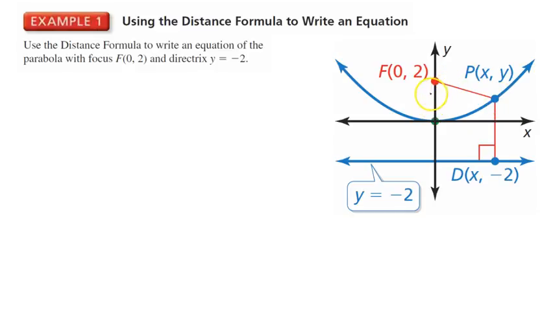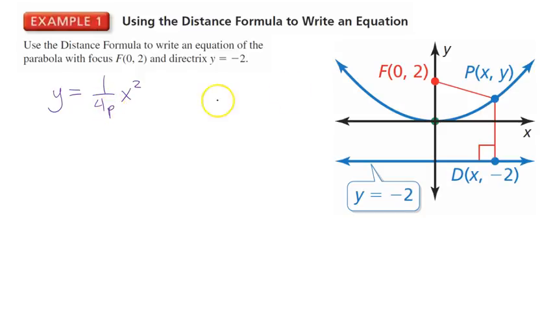But now we just did some algebra with one extra variable, p, and we found out that y equals 1 over 4p x squared. So now, anytime we have a problem like this, we don't have to do all that distance formula work. We just have to figure out what p is.